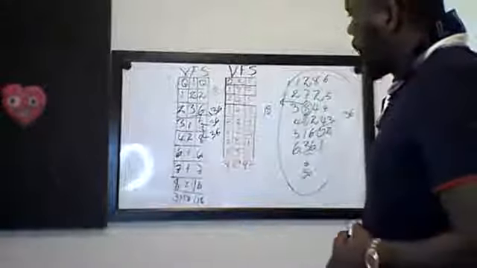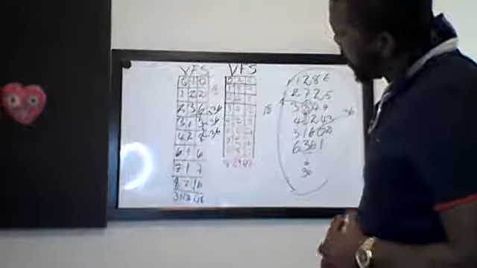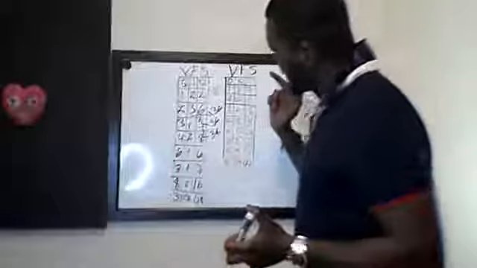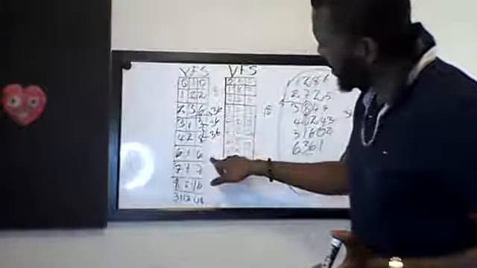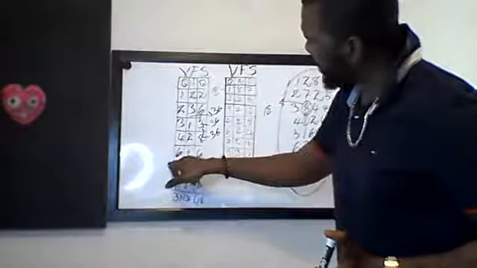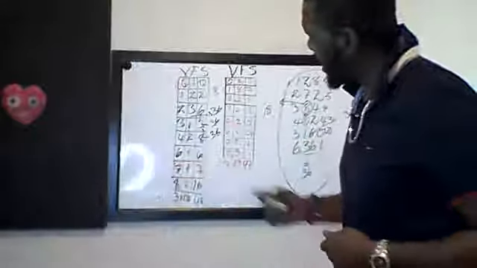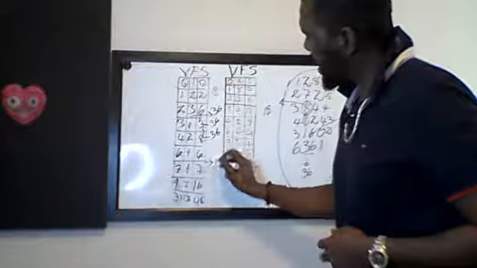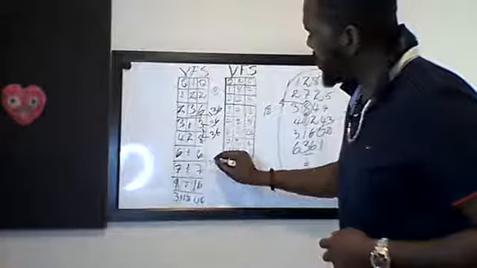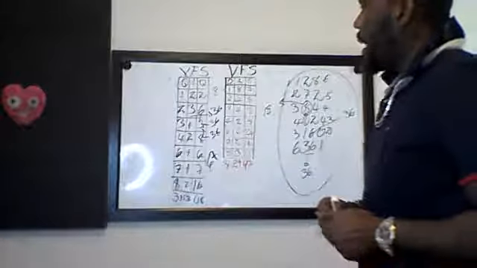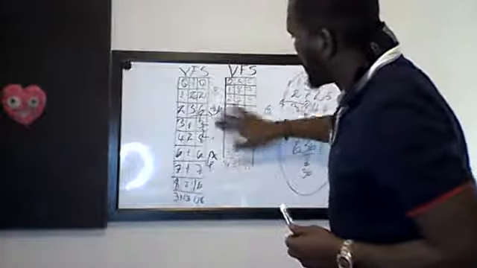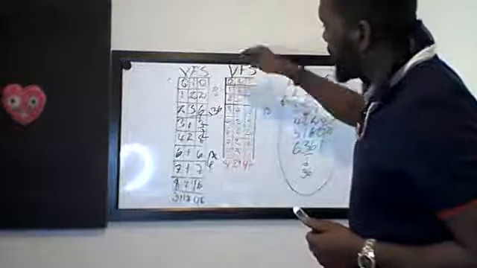So now, why do we have 6? We got 8 and 6 next to each other on this side. That probably will be 67, and 36, 67, 36.